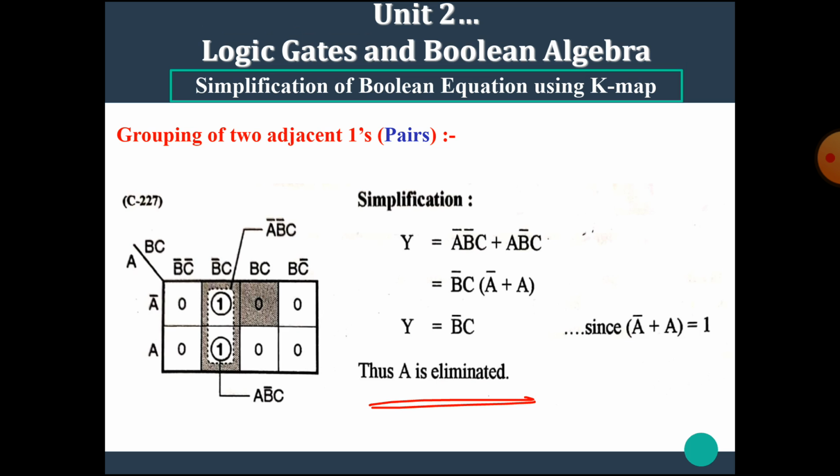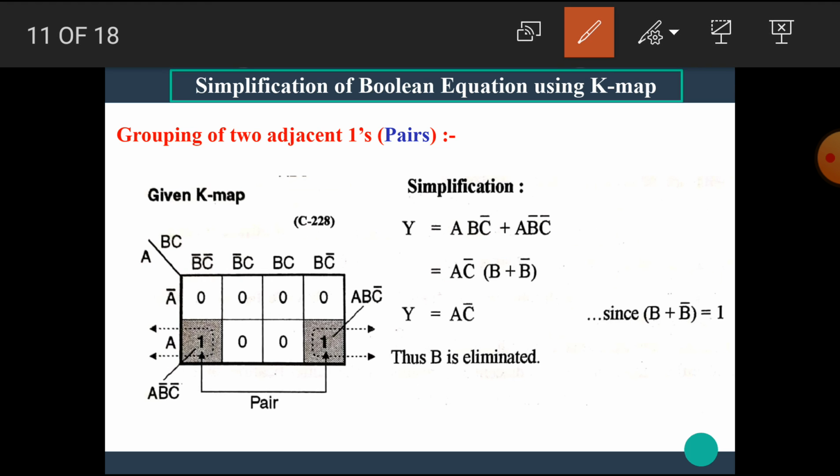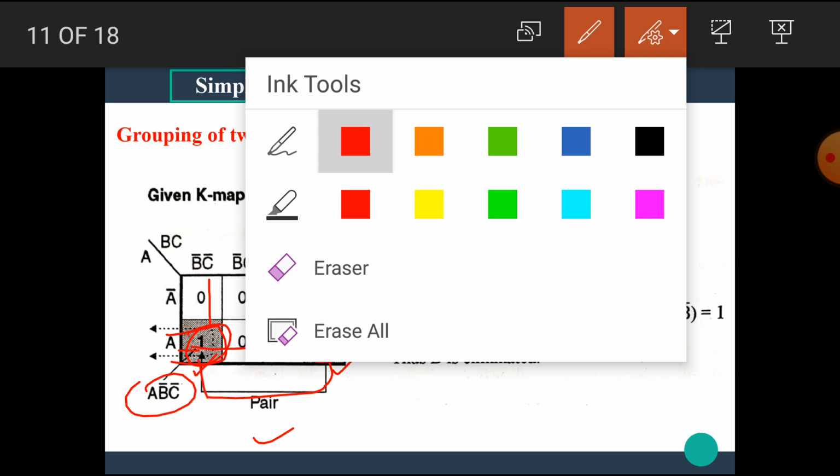Let's see once again another example. Here another Kmap is shown, in which all the values are zeros except this and this box, but this one is adjacent with this one. Hence we can make a pair here. We can find the equation for this one as a b bar c bar, and for this one a b c bar.